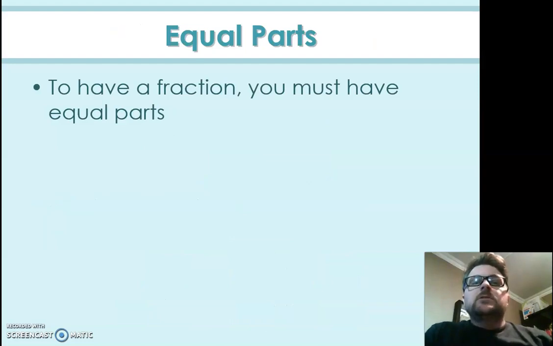Now, fractions are very important, and the most important thing is that the sizes of the slices are exactly the same. They are equal. So, for example, if I had to share a pizza between myself and my younger brother, I would have to cut that pizza into 2 equal pieces so that he gets no more or no less than I do.